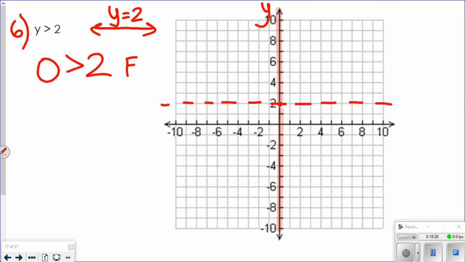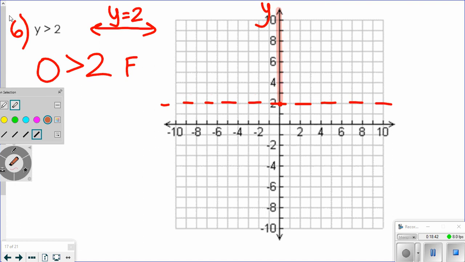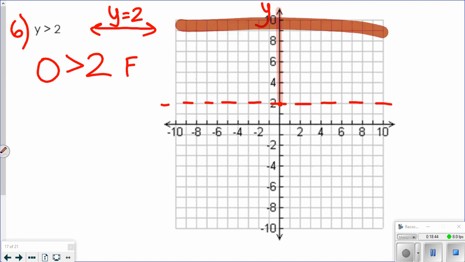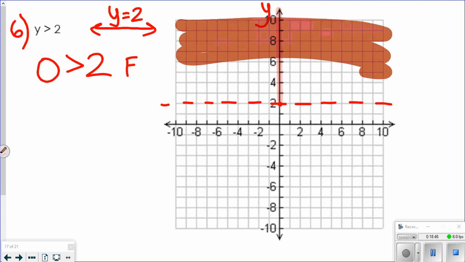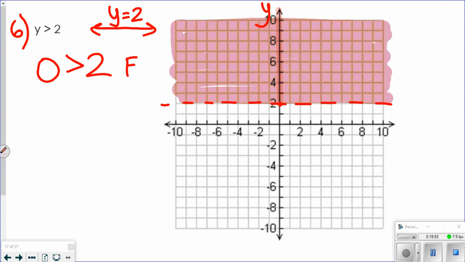But 4 is, and 5, and 7, and 8, etc. So we are going to shade all y values greater than 2, which means above our line. So we're shading everything up here. But I'm not shading below because -5 is not greater than 2. -9 is not greater than 2. 1 is not greater than 2.